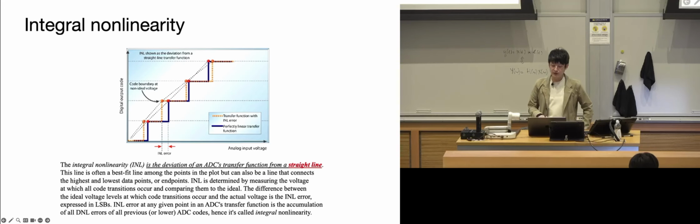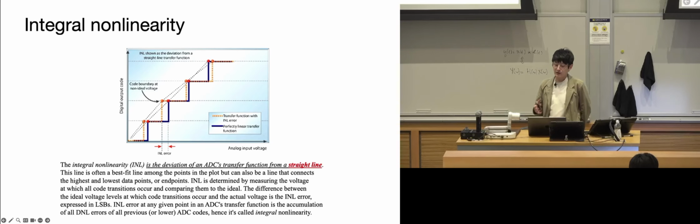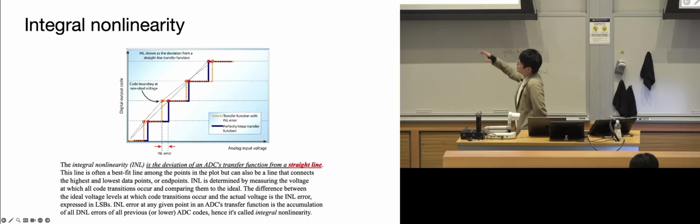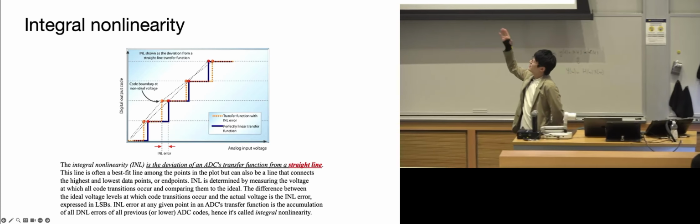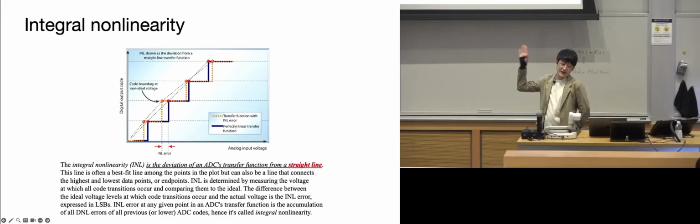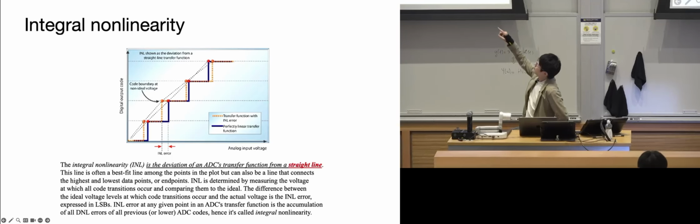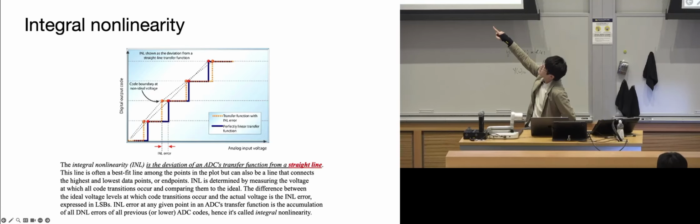We also have the integral nonlinearity. It's the maximum deviation of the actual DAC output from an ideal straight-line response. So if you draw a line, depending on how you fit this line to your steps, this error is essentially the distance between that line and your step.